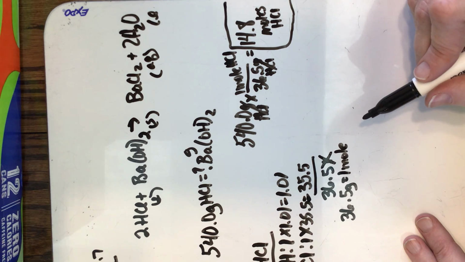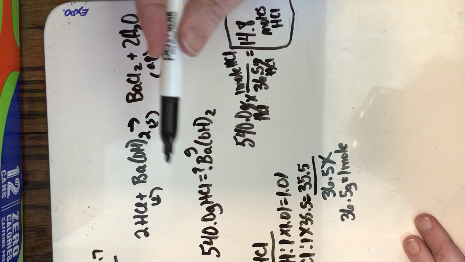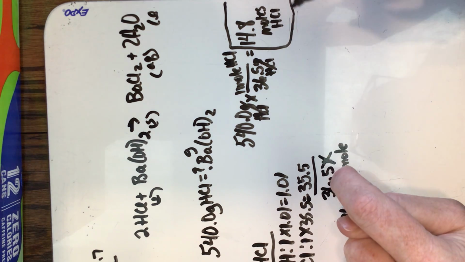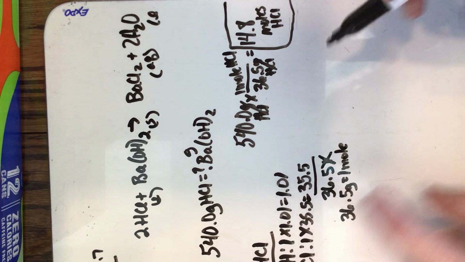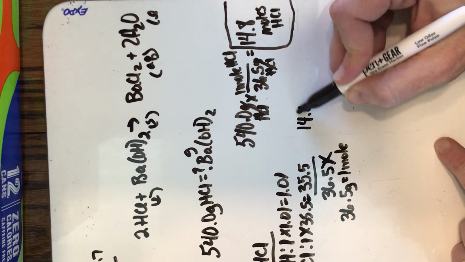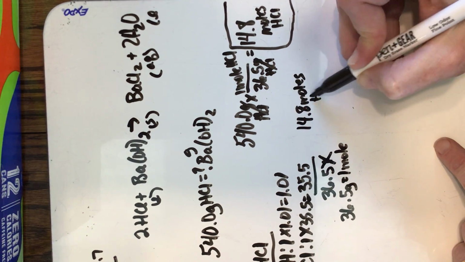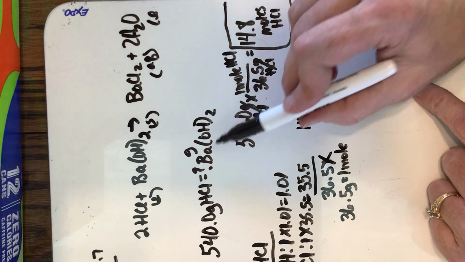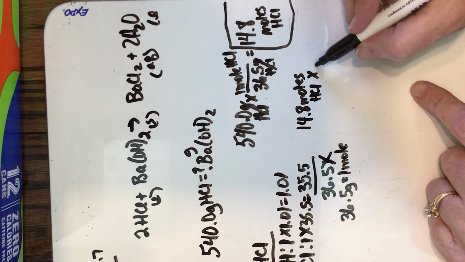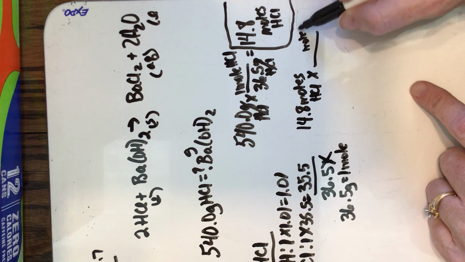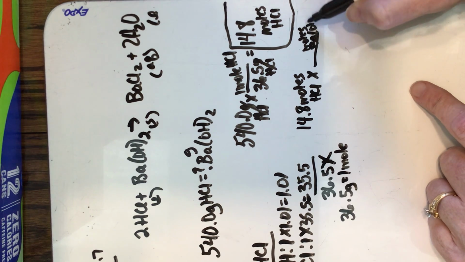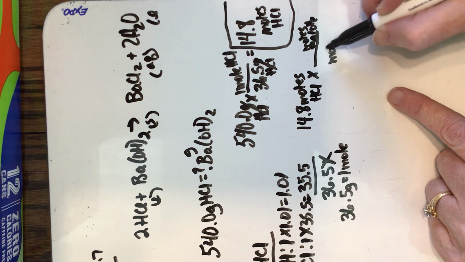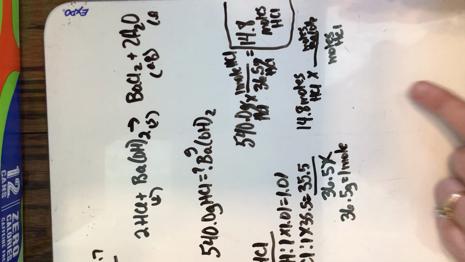So we've now gone from grams down to moles of the first thing. Now we can take the moles of the first thing and go over to the moles of the second thing. We do that by looking at the mole ratio in our problem. So we want moles of Ba(OH)2 on top, and we're going to use the moles of HCl on bottom so that it crosses out.